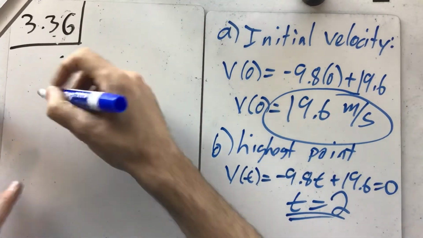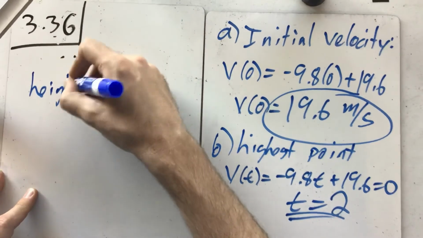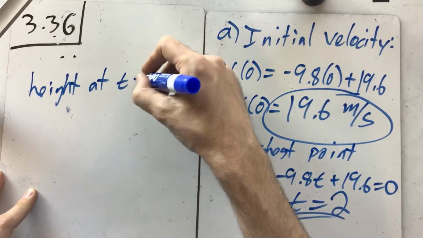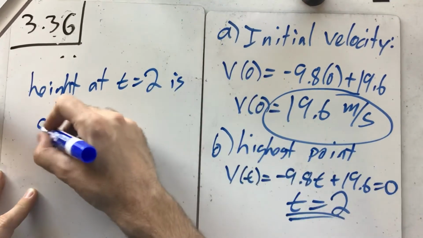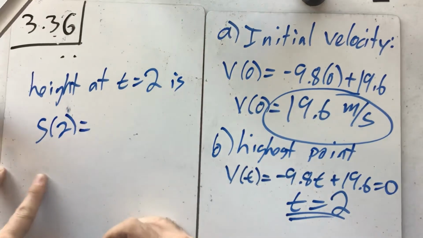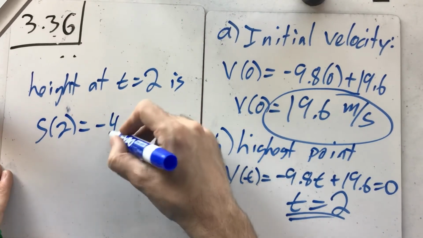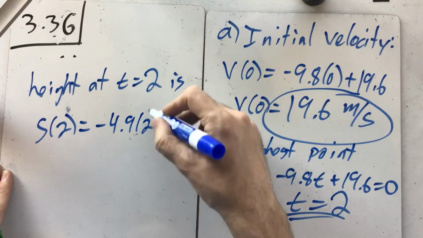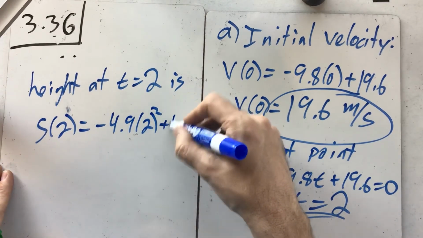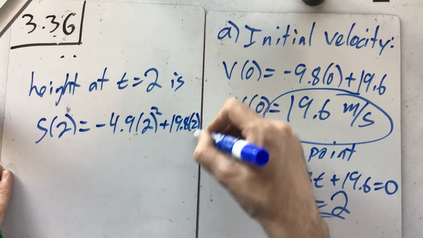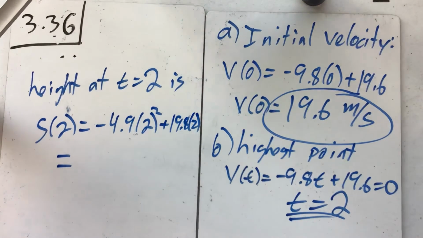But okay, so that height is what we get when we put 2 in that s equation, which is negative 4.9 times 2 squared plus 19.6 times 2, and I have to calculate that all out. Let's see what we get. I'm struggling with my typing.